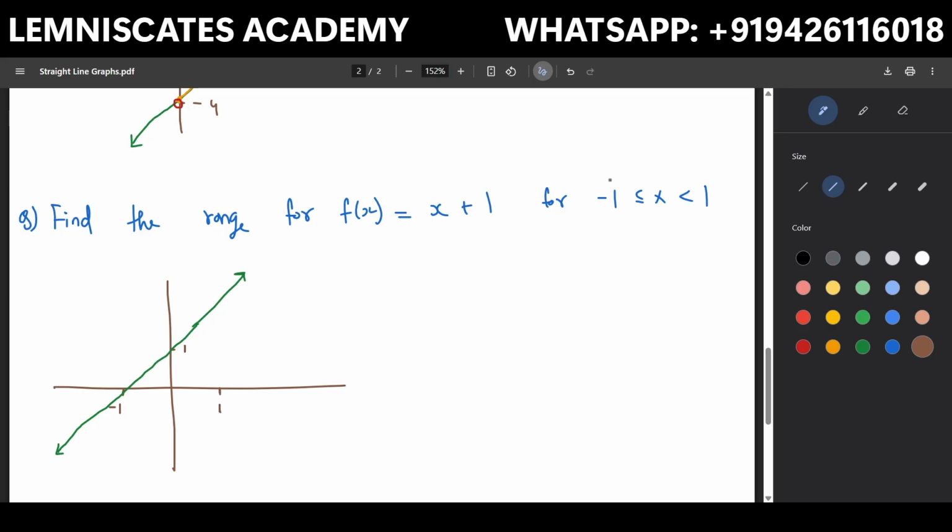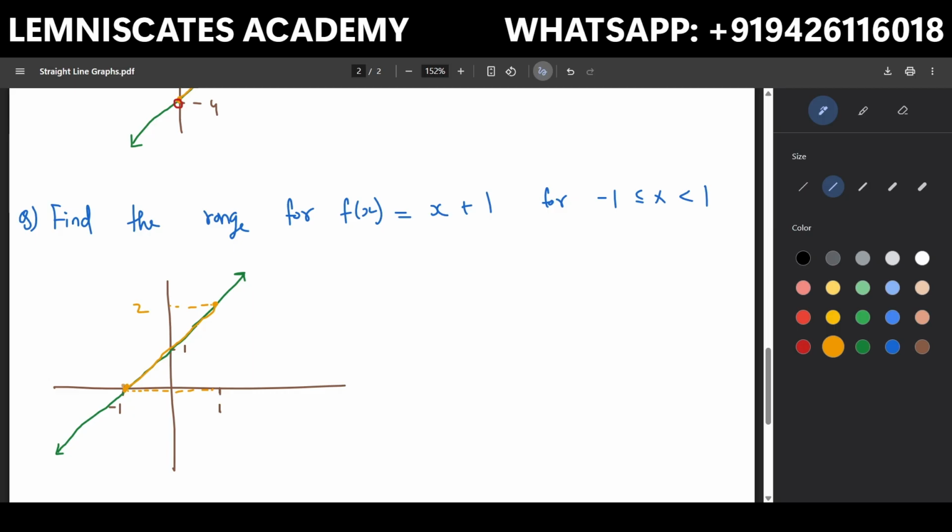When the x value was minus 1, the output is 0. And when my x value is equal to 1, the output is 2. So as my domain lies in between minus 1 and 1, at x equal to 1, the output is 2. And my graph lies in between this point and this point.